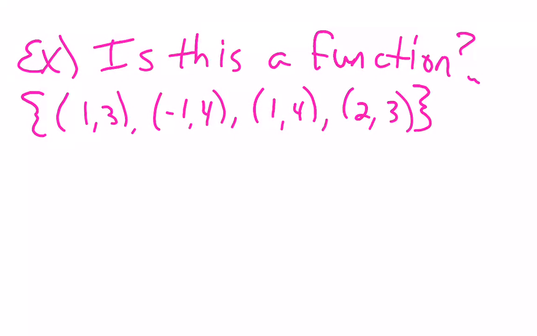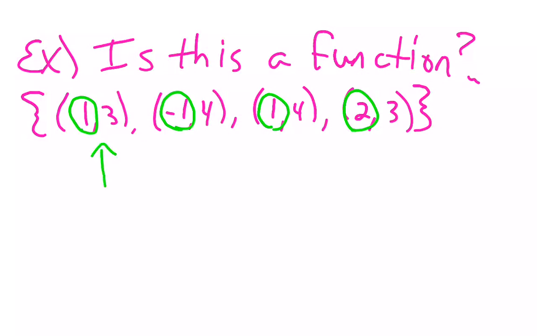Okay, so just like in the last one, even though this one looks a little different, these are ordered pairs. And remember, ordered pairs are x and y. And so to determine if it's a function, we're looking at the x's to make sure they have only one y output. Basically we're looking for any duplicates. So here we have 1, it had the 3 output. We have -1, it had a 4 output. We have a 1, it had a 4 output. And we have a 2, and it had a 3 output.